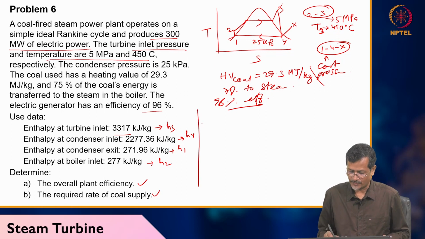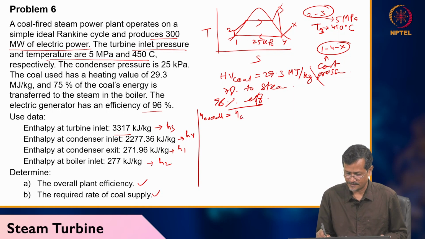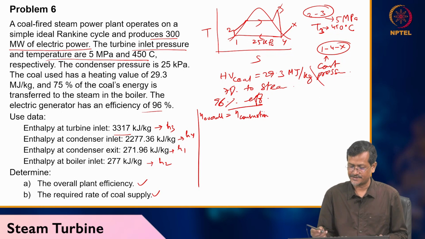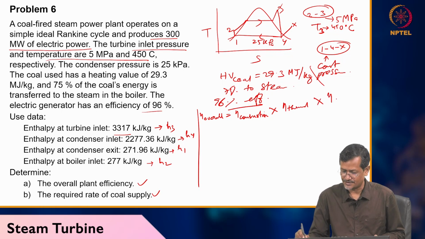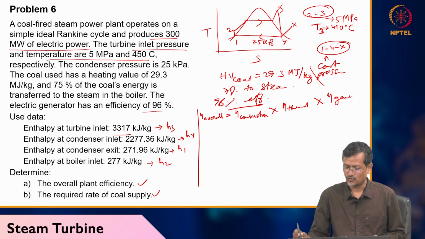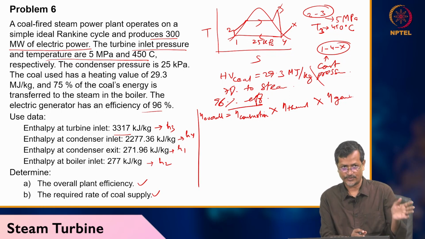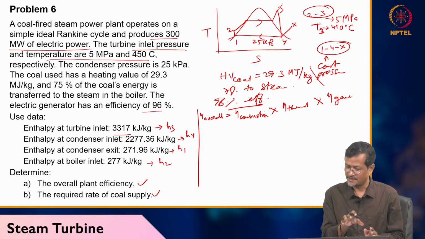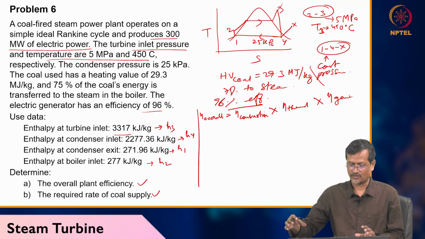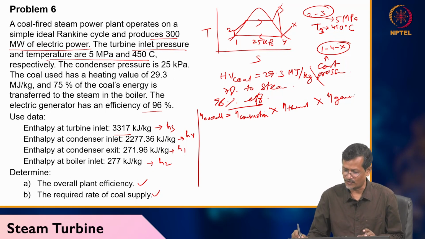So eta overall equals eta combustion efficiency, which is the 75%, into eta thermal efficiency, into eta generator efficiency. So overall efficiency means how much total fuel goes to your electric supply, that much power. Combustion has certain losses, thermal efficiency has some losses in the turbine, and your generator also has some losses. So all efficiencies you are multiplying, then you are getting overall efficiency.